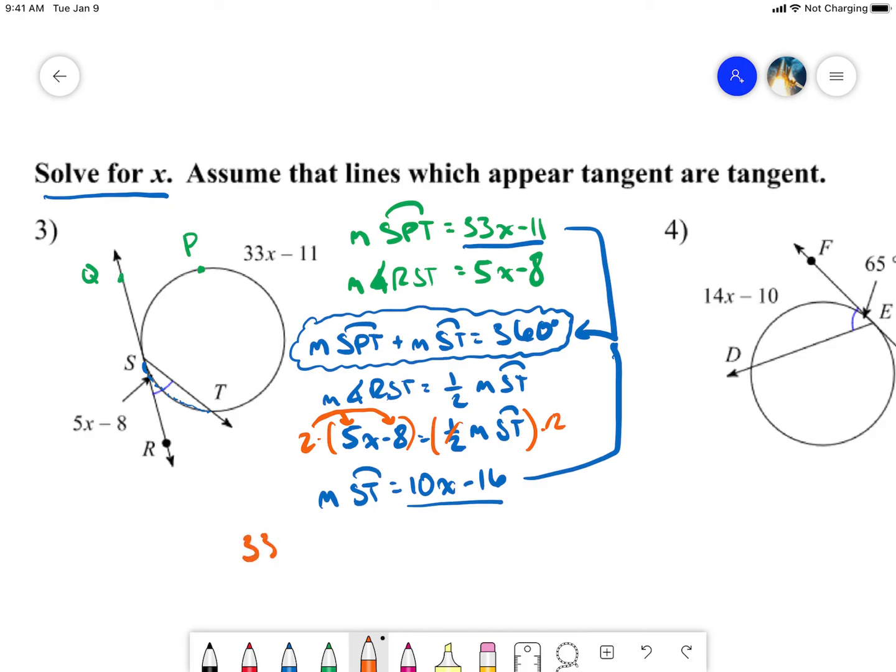So I get 33x minus 11, the whole quantity, plus ST, which is 10x minus 16. If I add those together, I get 360.